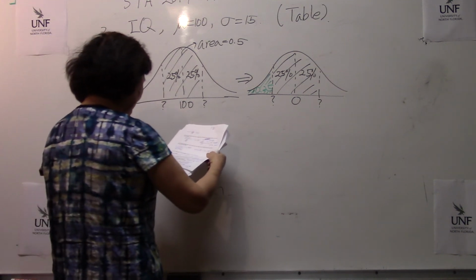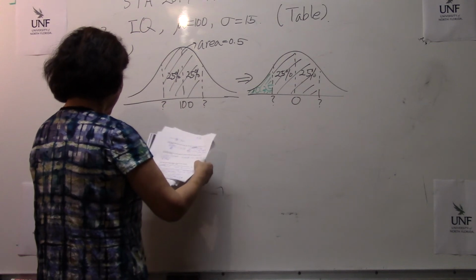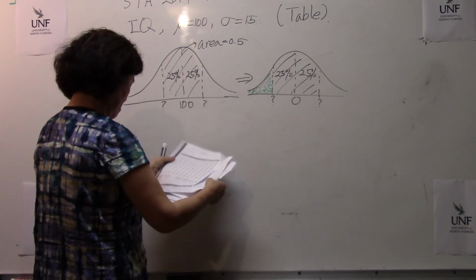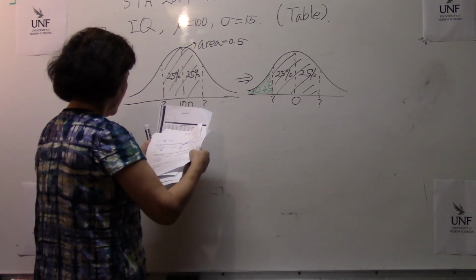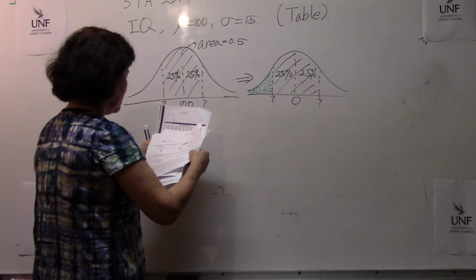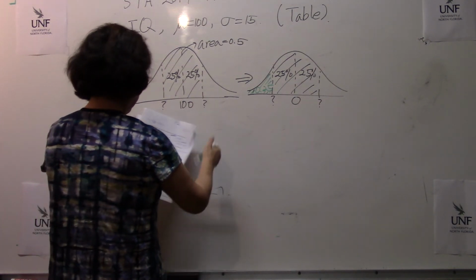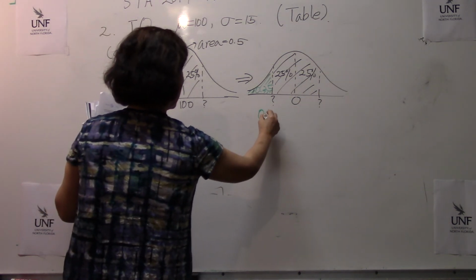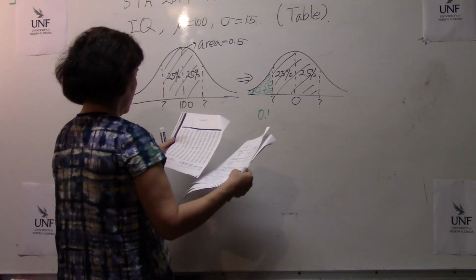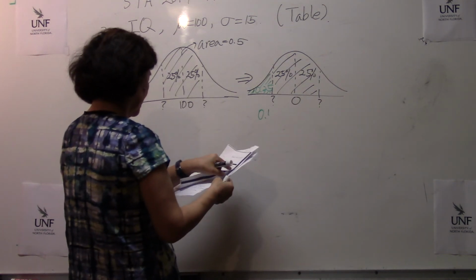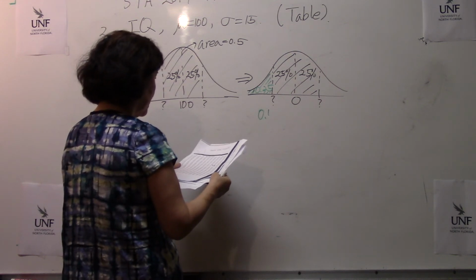So you go to the table and find out 0.25, that is 0.9587. Nope, it's not possible. Oh, it has to be negative. Okay, area is 0.25.